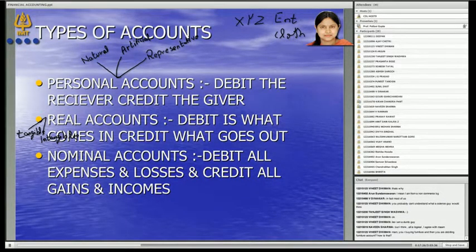Furniture is coming in the business, so I should debit it. Furniture debit. And personal account: debit the receiver, credit the giver. Who is the giver? Bank is the giver of the payment. Cash is going out from the bank. So furniture account debit to bank, 5,000. Right? Is it clear with everyone?